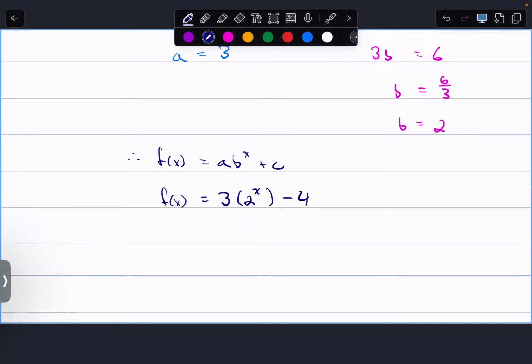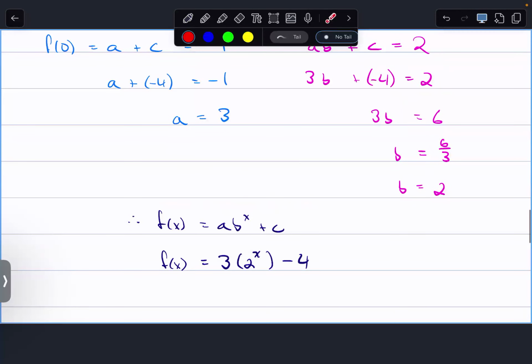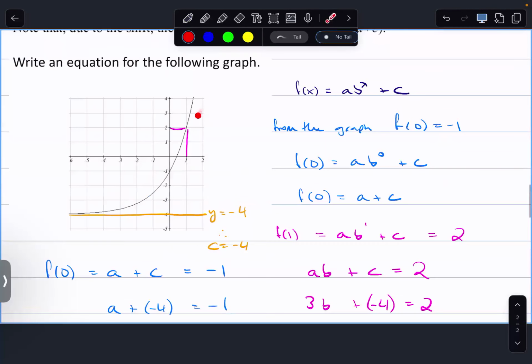So now we know how to find the function or write the equation for a graph if we're given those key points, right? We needed 3 points. We use this one here.